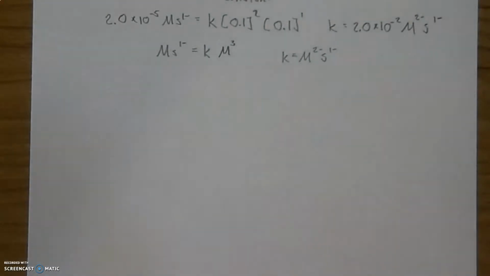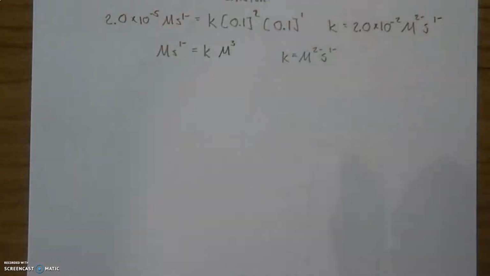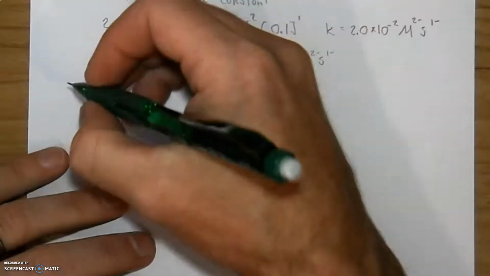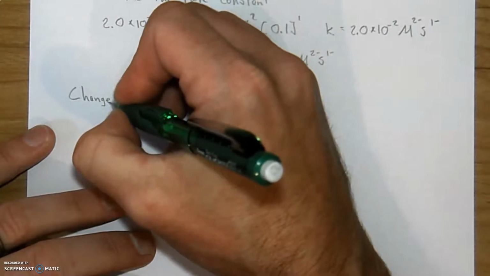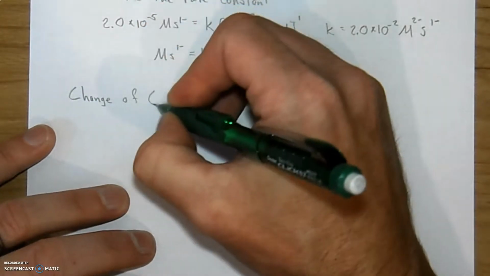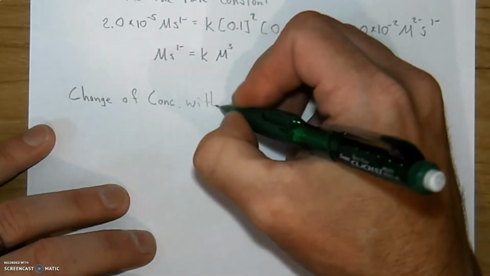All right, let's keep moving along, and we're going to change this a little bit. We're still dealing with the whole concentration thing, but we're looking at a change of concentration with time. We'll write that down. Change of concentration with time.